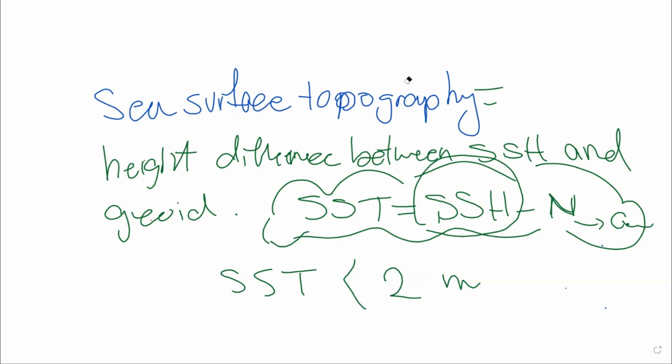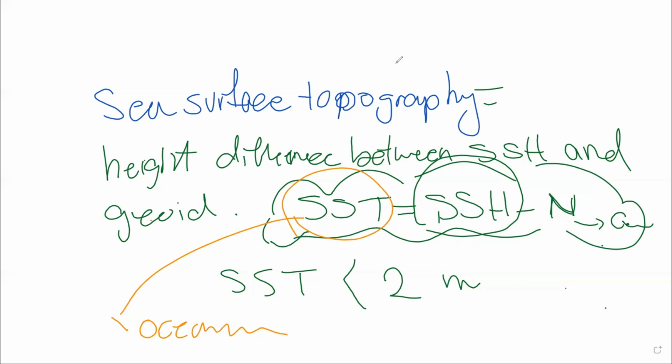Or if they use an oceanographic model, they can compute this SST from another source. From oceanographic models, this is a function of, for example, salinity, depth of water, density, temperature, different parameters are inside, and they can approximate SST.